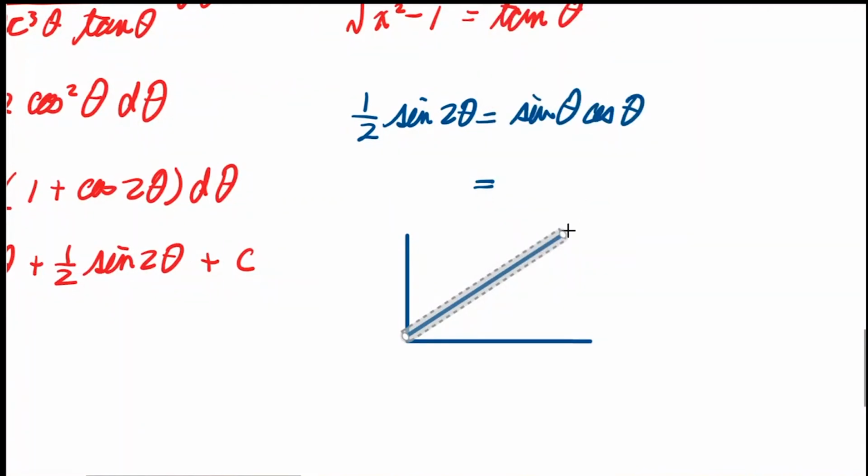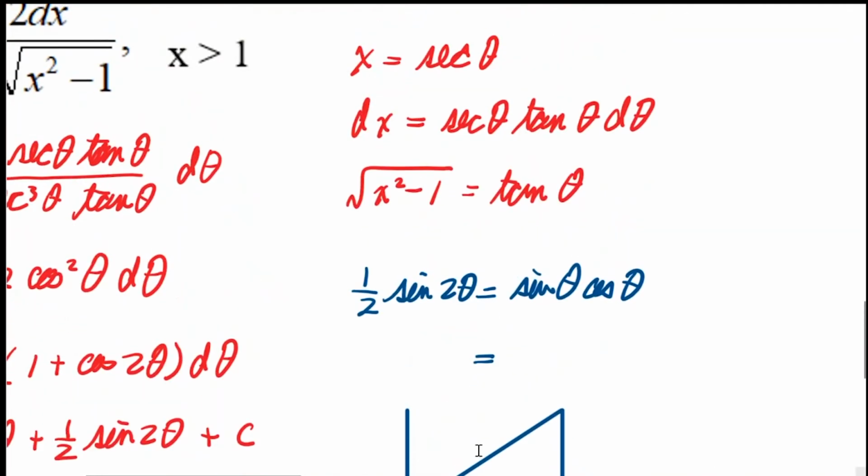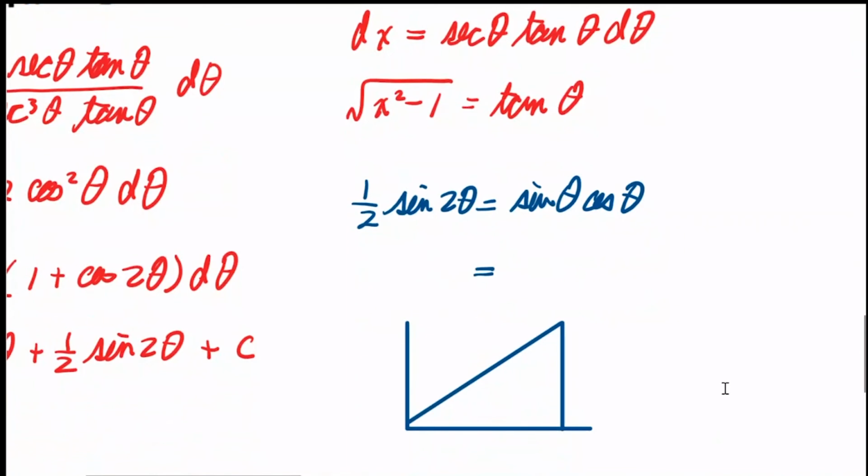Okay, so I'm gonna throw that triangle like that. I normally say you don't put the variable on the hypotenuse because we could go to the second quadrant, but in this case, it is first quadrant only, so we can put x here and 1 here, and this could be theta. That way, secant theta is equal to x. And then this side, of course, is x squared minus 1, which looks familiar in this problem.